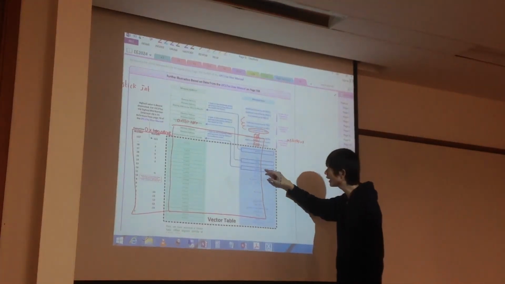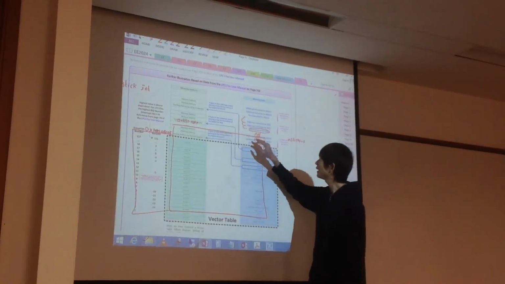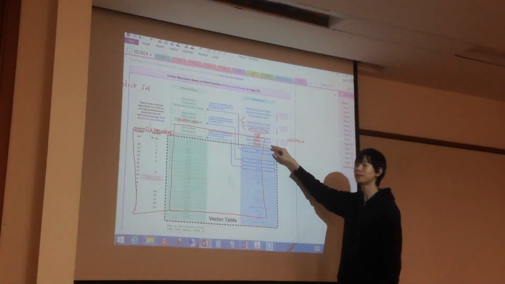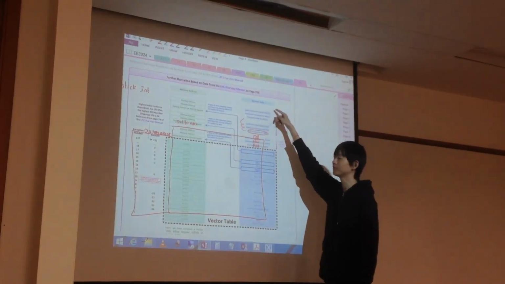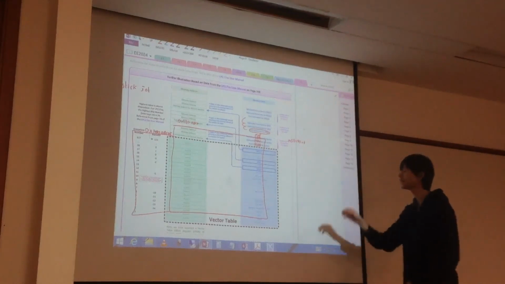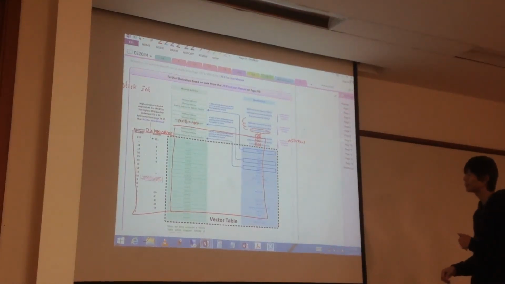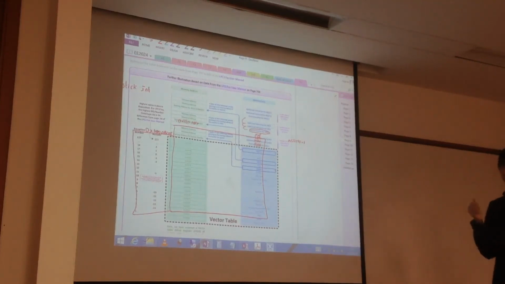I know the starting address of the SysTick handler, so I can perform the instructions. The MSE++ in assembly is a full set of instructions, so it will perform the instruction. So that's the purpose of the vector table. Simply, it tells you the starting address of the handler.